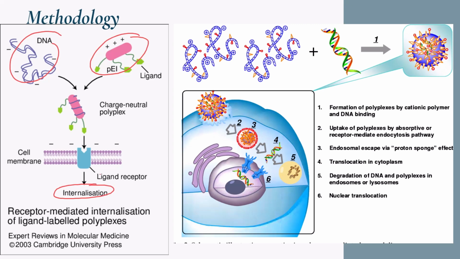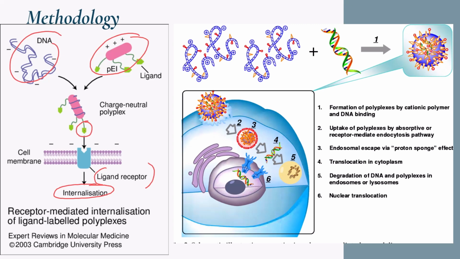Here it is mentioned ligand receptor. This is another method of internalization. There will be a surface ligand or receptor, and this polymer, the carrier, the vector, will have a ligand.